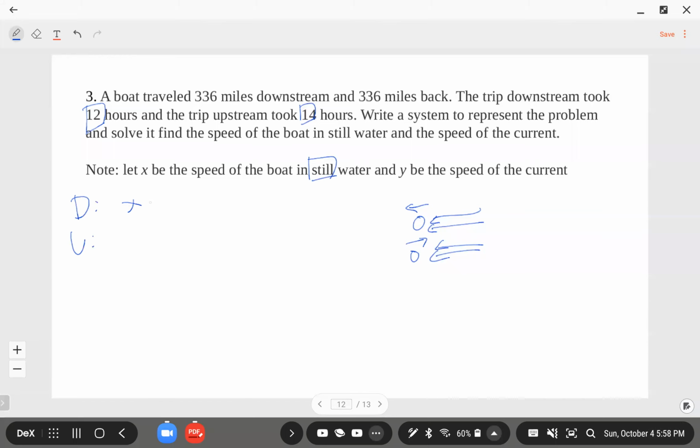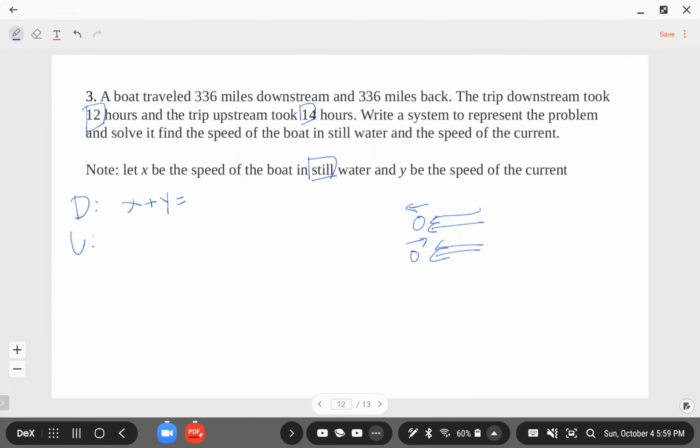plus y equals what? Now, why do we need to add y? We need to add y because once we're going downstream, the current is pushing us, so it makes us go faster, and y is the speed of the current, so you need to add y.